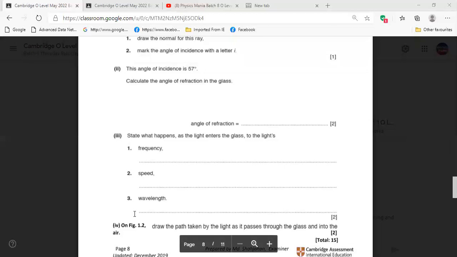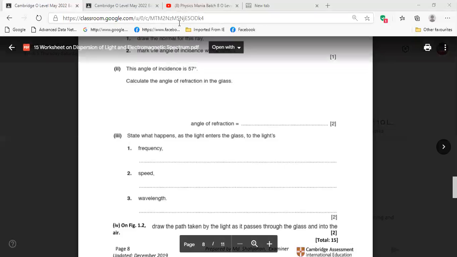And here you write with double star like this, what I said in the explanation. As light travels from rarer to denser medium.